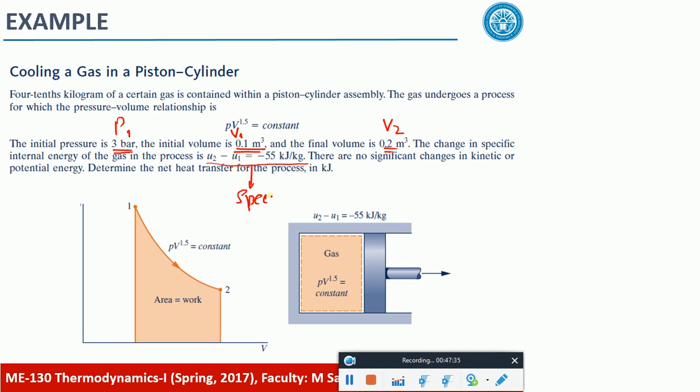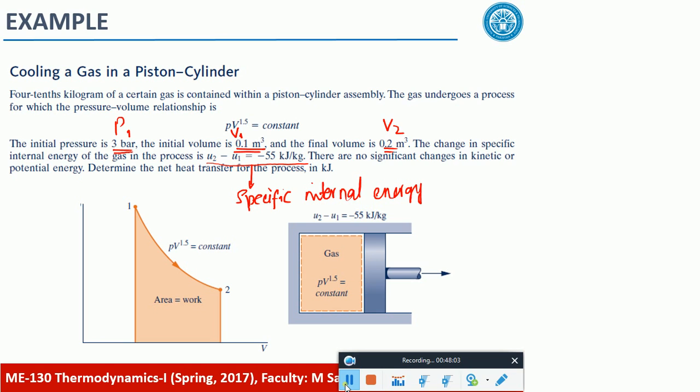This is specific internal energy. Internal energy per unit mass, that is known as specific internal energy. That's why, just look at the units, kilojoule per kg. So, the change in specific internal energy of the gas in this process is smaller u2 minus u1 equals minus 55 kilojoule per kg.